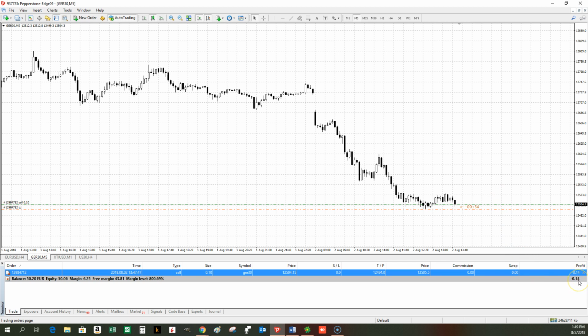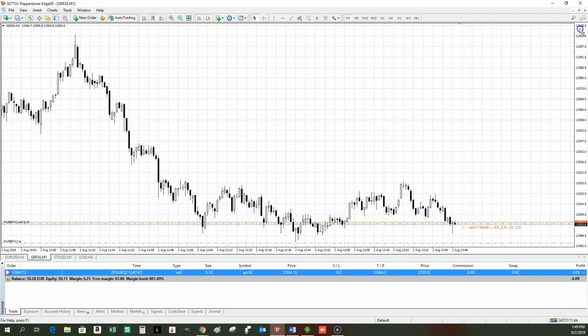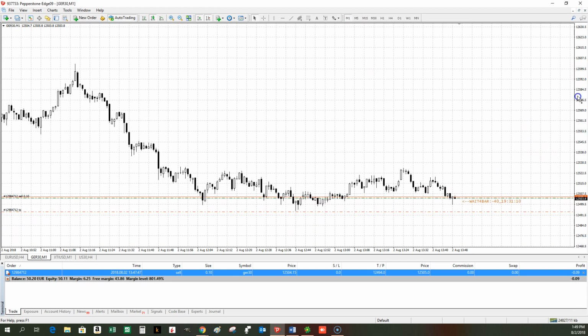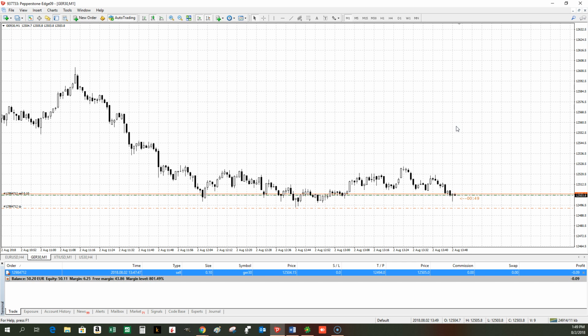Okay, so now the trade is actually 0.019 cents negative, and we're gonna check on the 1 minute chart what's going on. As you can see, we are on the support of this very, very short term time frame, and probably we're gonna have some candlesticks against us, and I will try to sell on the top.